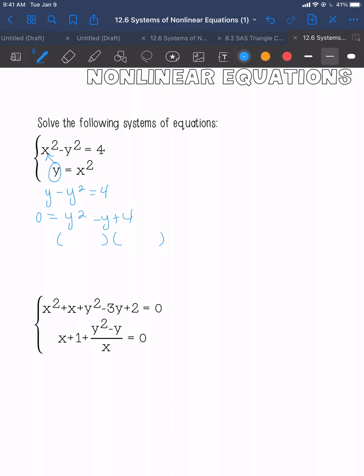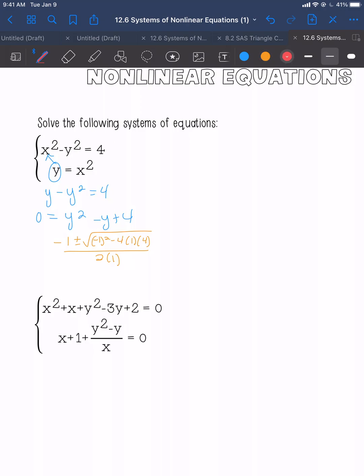And if we try to factor that, I'm thinking we can't. It's not factorable. There's nothing that multiplies to get 4 but adds to get negative 1. So I'm going to try the quadratic formula here. The opposite of b, so negative 1 plus or minus the square root of b squared, which is negative 1 squared, minus 4 times 1 times c, which is 4, divided by 2 times 1.